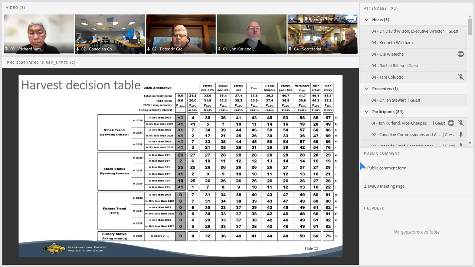Yeah, so the one thing that really struck me in looking at this was stock status and spawning biomass, and particularly the chance that we are at less than 20%. I believe in the last number of years, stock assessments, we've seen this at a near zero level. Unfortunately, we're not seeing that this year.